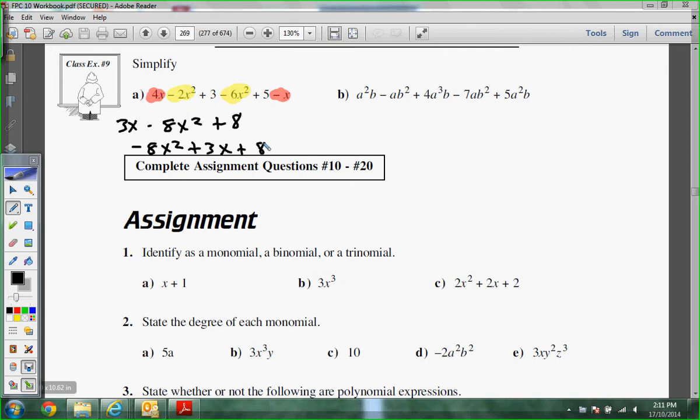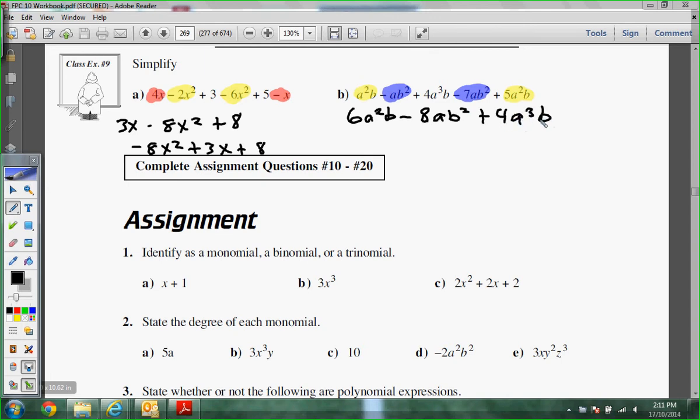And last one here: a squared b, 5a squared b. So 1a squared b plus 5a squared b gives 6a squared b. Negative ab squared and negative 7ab squared: negative 1 minus 7 is negative 8. This one's by itself, so it stays the same.